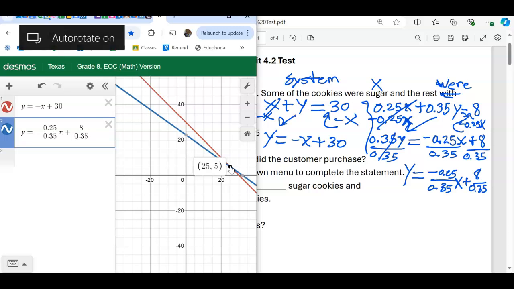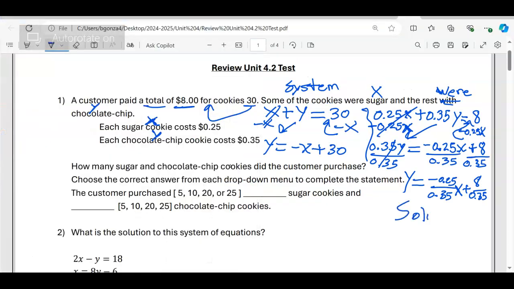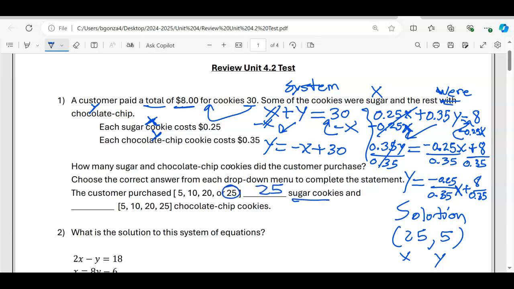So our solution is 25, 5. But we have to interpret this, okay? So remember, x is 25, and x we said was sugar cookies. So it should be 25 sugar cookies.